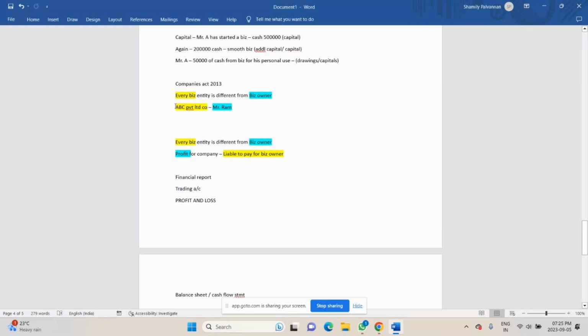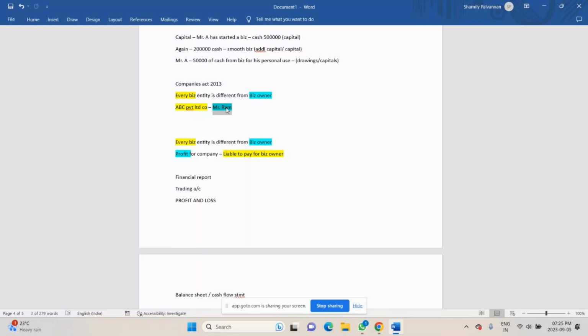One is the company and the other is the owner. Now the owner is giving money, not to you, but to your company, to run it. Company is taking the money.